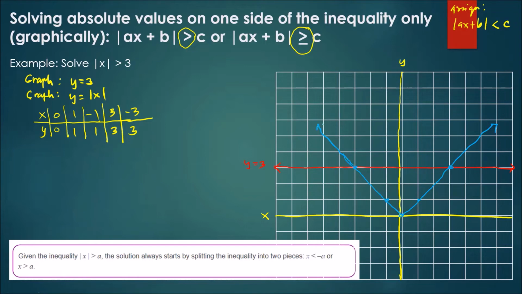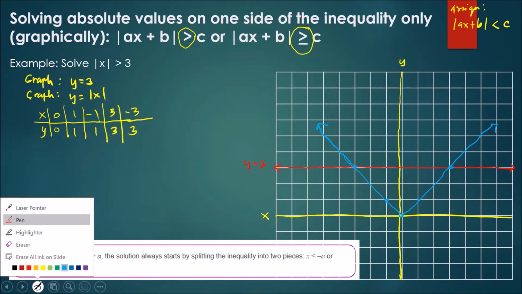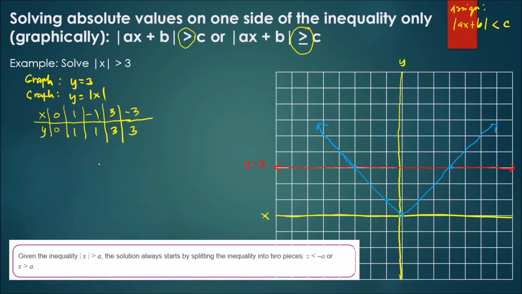Okay. Now, examine now the graph. What are the values that we are interested with? The values that we are interested with are those values that are greater than 3. So meaning all the values that are more than this line or above this line. This is 3, right?